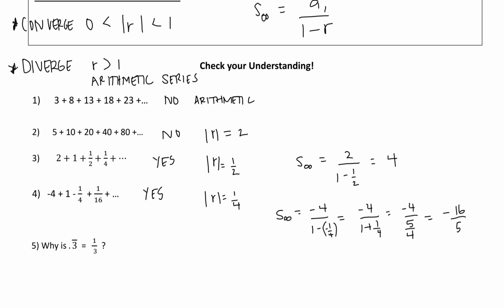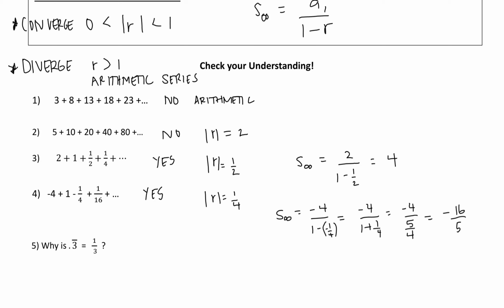So you say a sub 1 over 1 minus your r value. 1 minus 1/2 is a 1/2, so 2 over 1/2 gives you a 4. So this one is going to converge to 4.